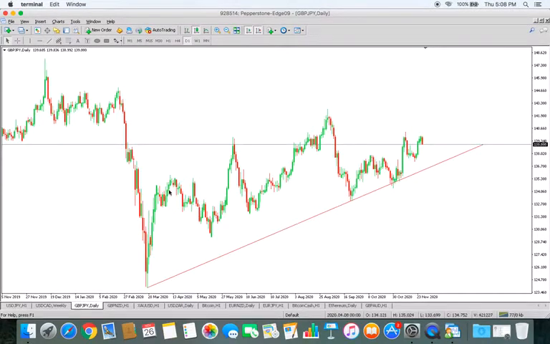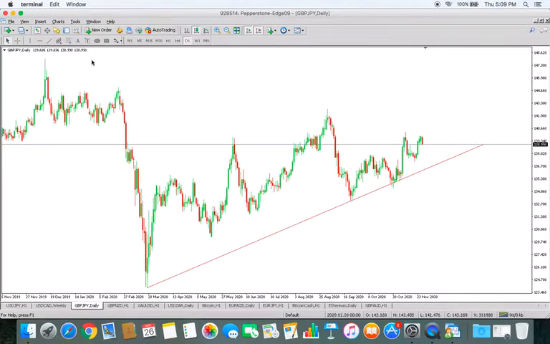Now this diagonal shows you that it has been moving, respecting this diagonal. Now when you check where it is right now, it shows a rejection, and this rejection is showing that it's going down.